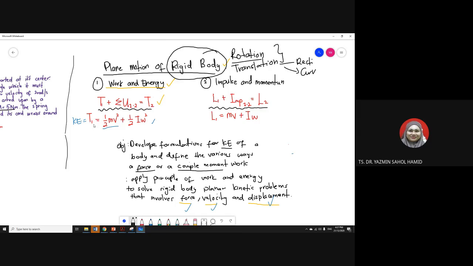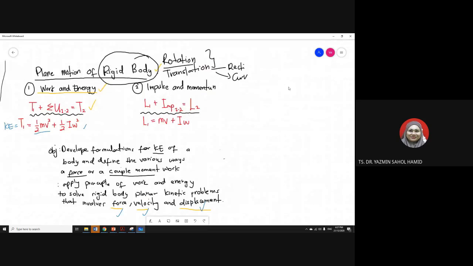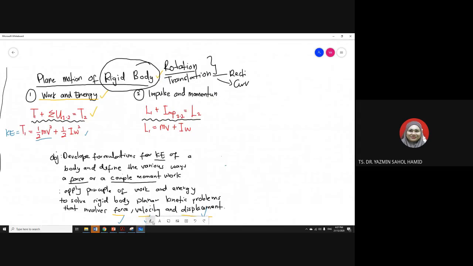Now if you look at this formula for kinetic energy, previously when you studied particles, the only formula in kinetic energy was 1 over 2 mv squared. But now, because we're doing rotation, because we're doing rigid body questions, there is an additional rotation term.